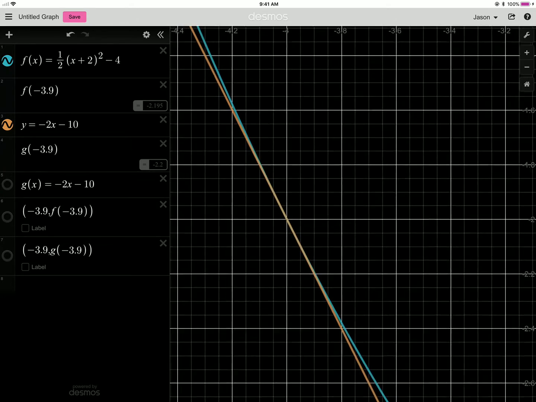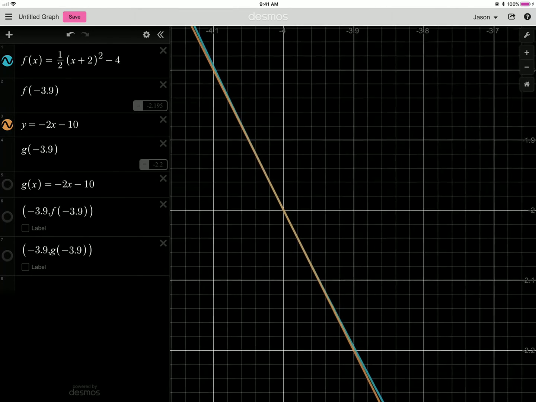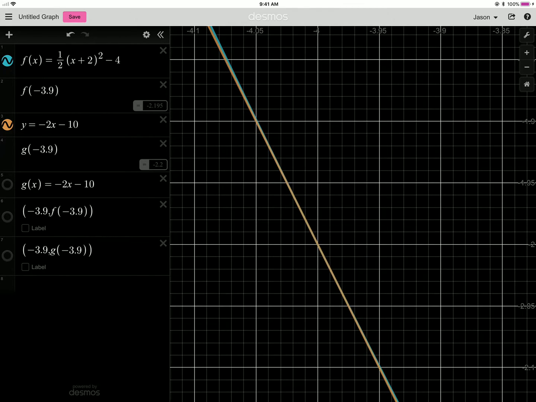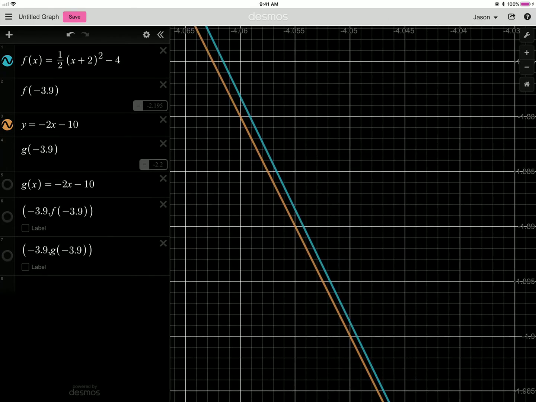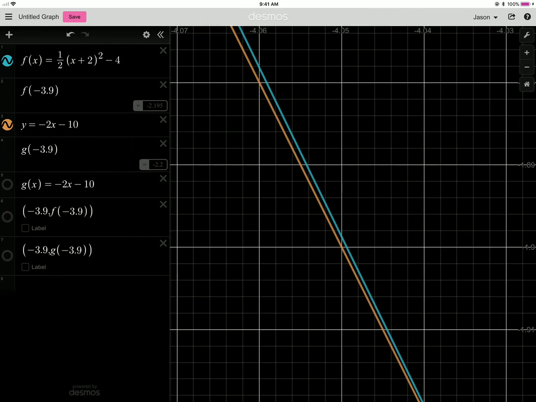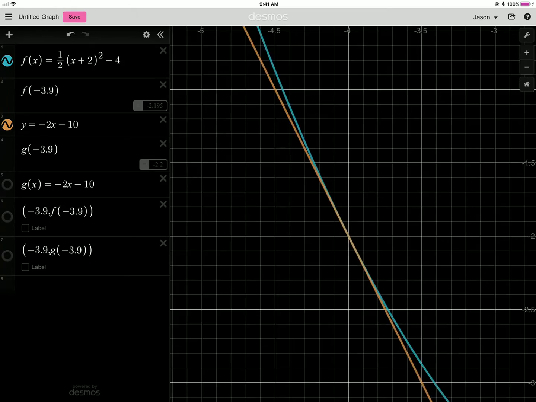If I stay right around the point of tangency, this is a concept called linearization. When you really zoom in really close to a curve and its tangent line, you can barely tell the difference between the two because any curve will flatten out and get really close to the tangent line. It will look linear. Any curve ends up looking like a line if you zoom in close enough.